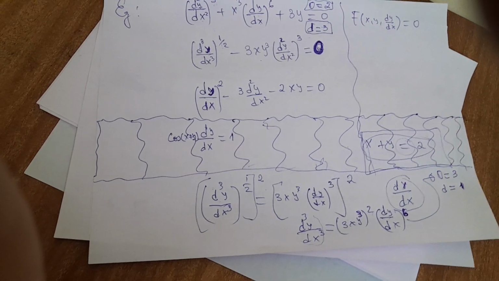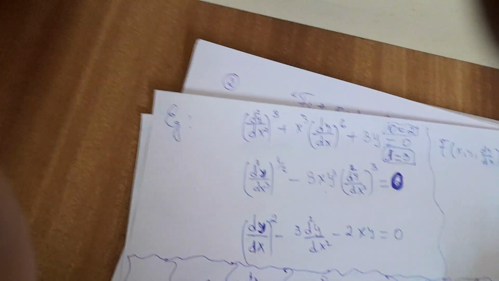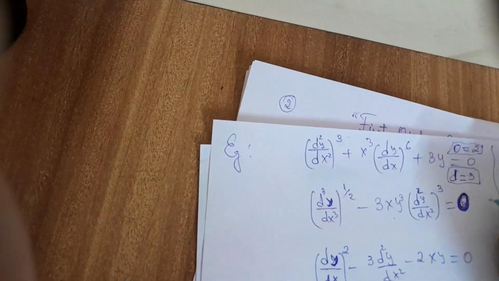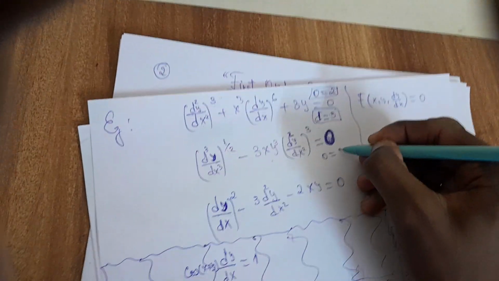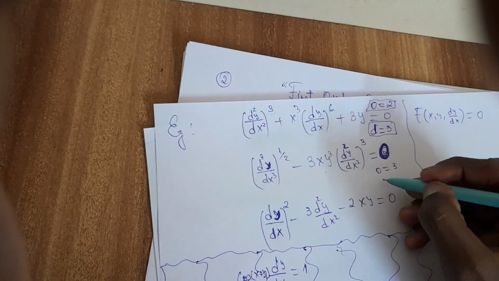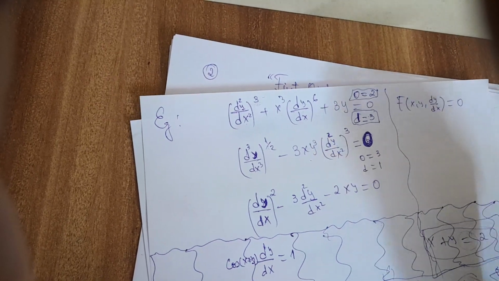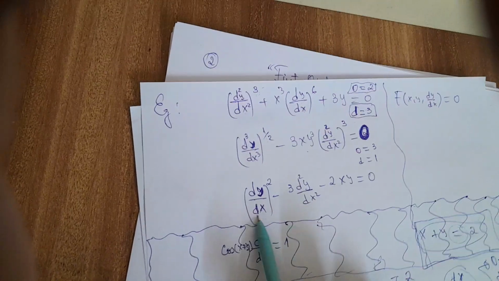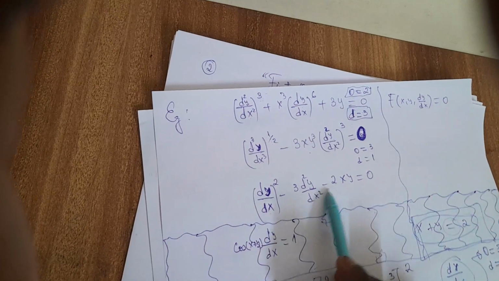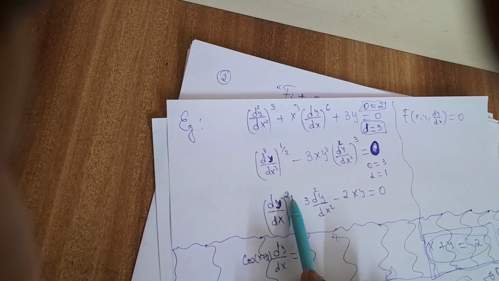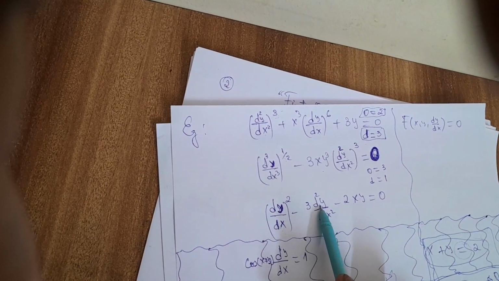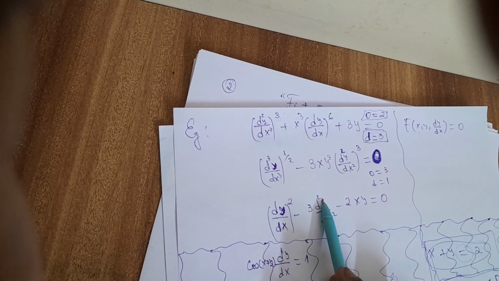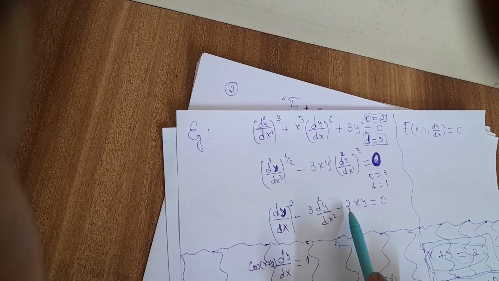So for this one we can write: order is 3 and degree is 1. In a similar way you can find it for this one, d²y/dx², where the order will be 2 and the degree will be 1, and so on.